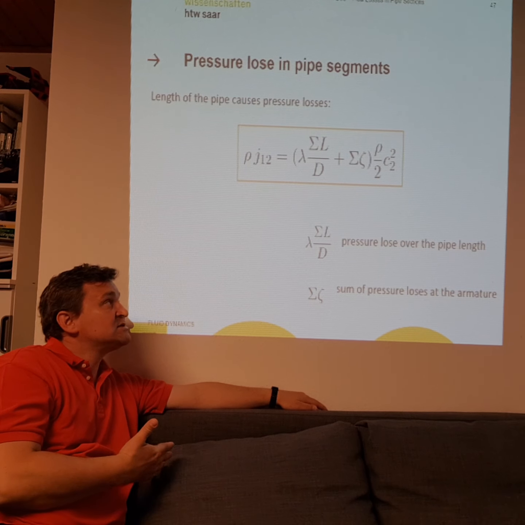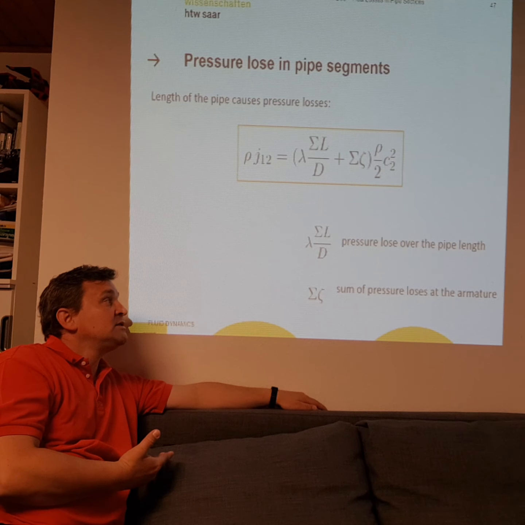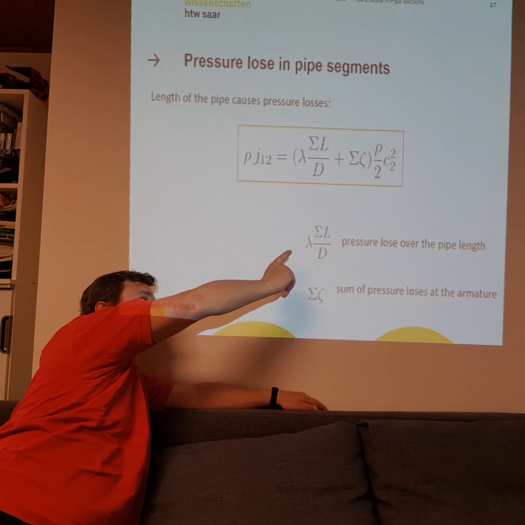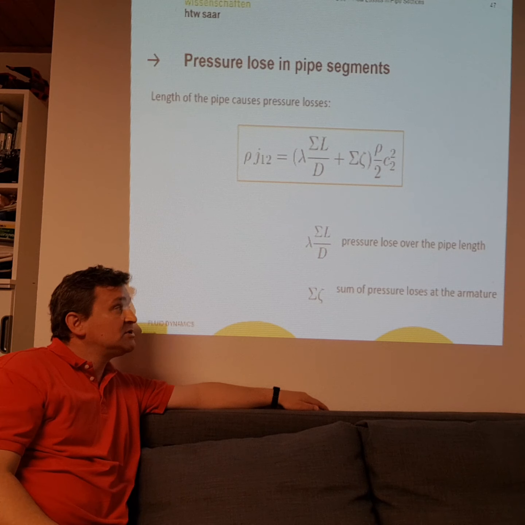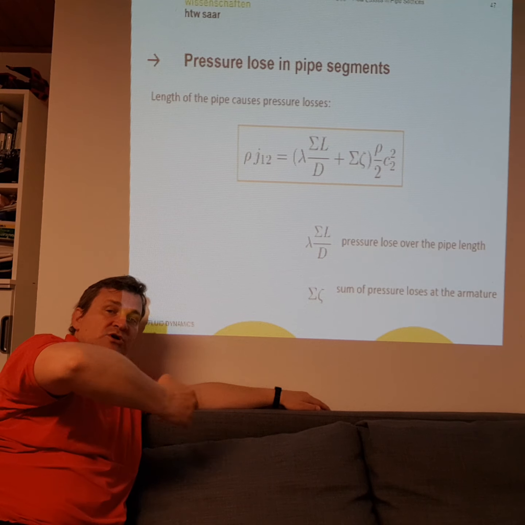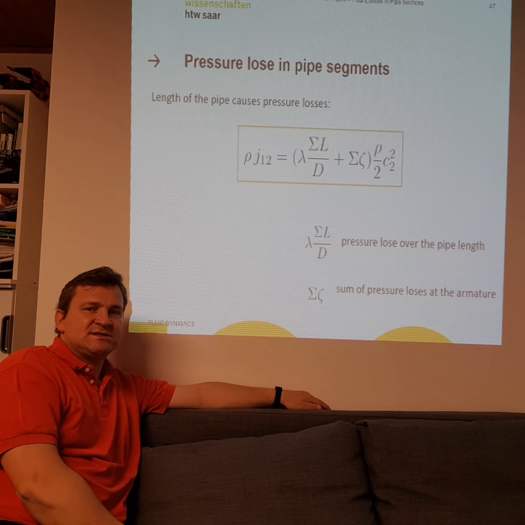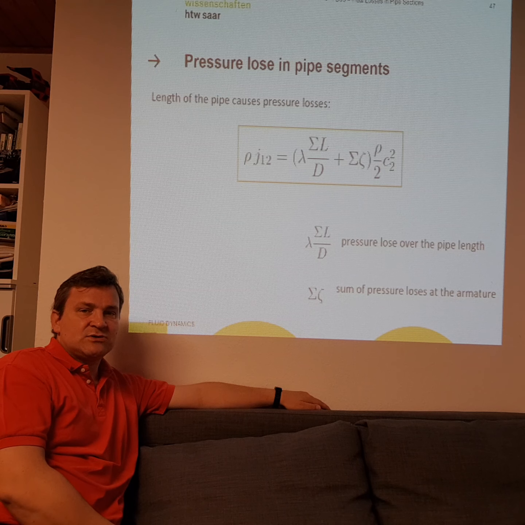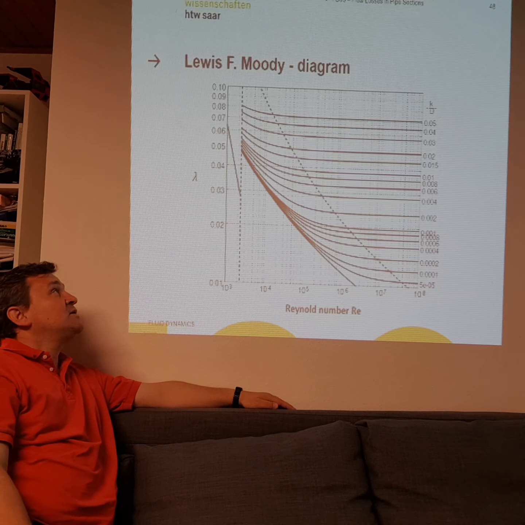You have to add the Chi values for the different armatures, but now we have this additional lambda value, and we multiply it with the length of the pipe divided by the diameter, and then we can add an additional term for pressure losses over the length. And now how can we estimate this lambda to fulfill the calculation? This is quite tough. It's also a measured value, and here we go.